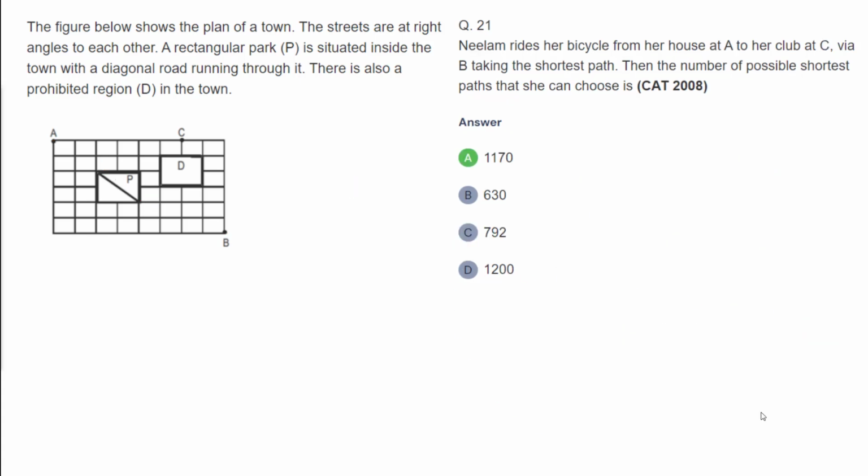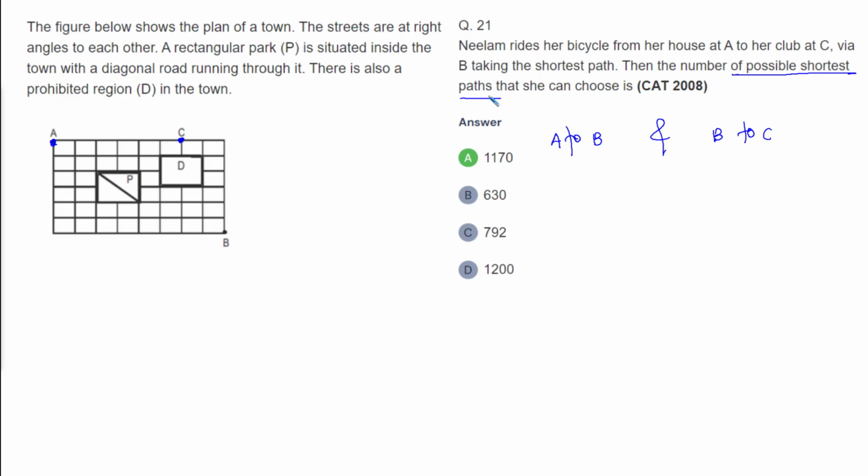Question number 21. Neelam rides her bicycle from her house at A to her club at C. From A to C, Neelam is supposed to travel via B. So first Neelam travels from A to B and then B to C. Then the number of possible shortest paths that she can choose?